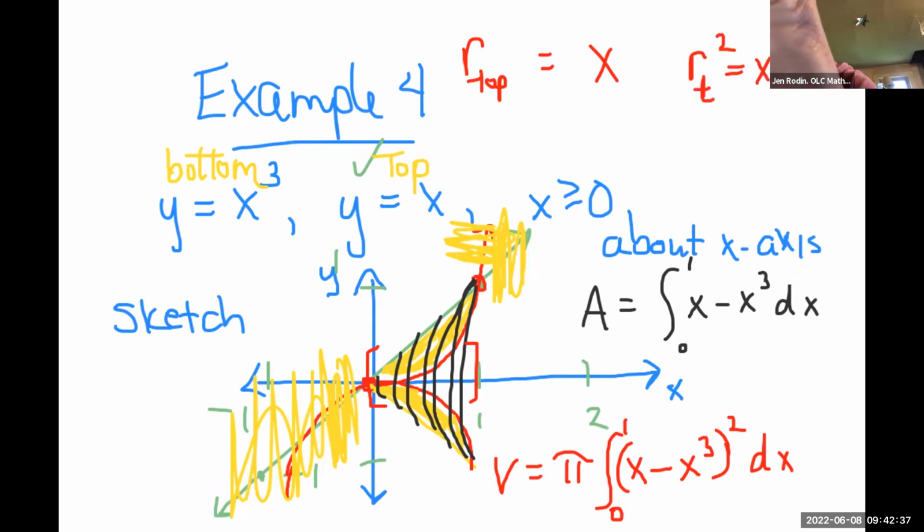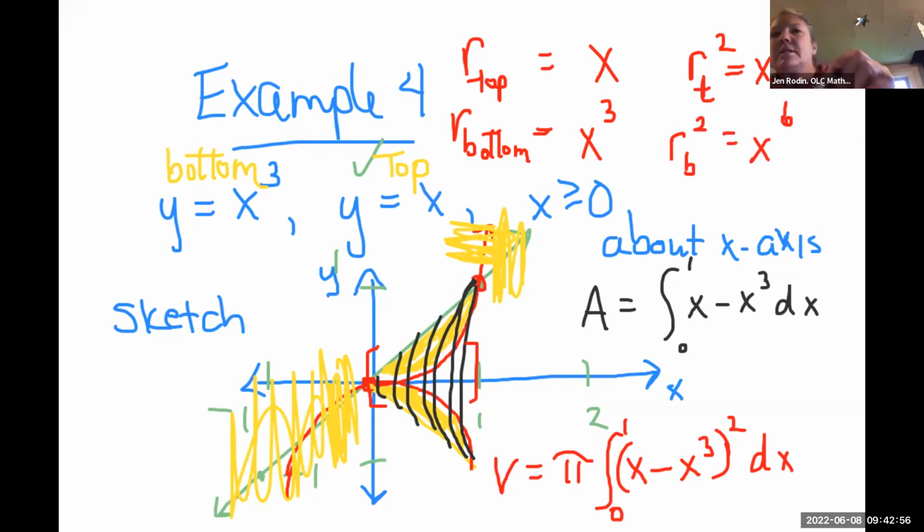That'll be easier. And the radius of the bottom curve that we're kind of cutting out of our situation is x to the third. So the radius of the bottom curve, the circle that it makes, squared, is going to be x to the third squared, which is x to the sixth. There we go. That'd be much easier.